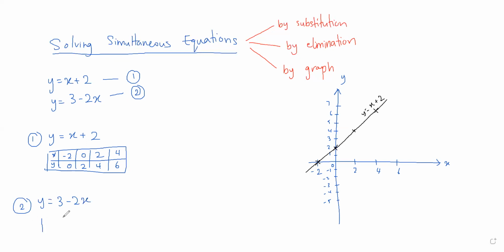Same thing for the second equation, you draw another table. We'll use negative 2, 0, 2, 4 also. So what do we get? For negative 2, 3 plus 4 is 7. For 0, 3. For 2, 3 minus 4 is negative 1. For 4, 3 minus 8 is negative 5.